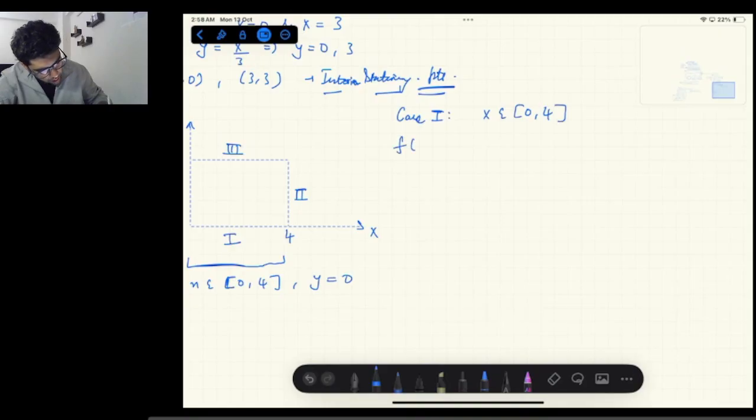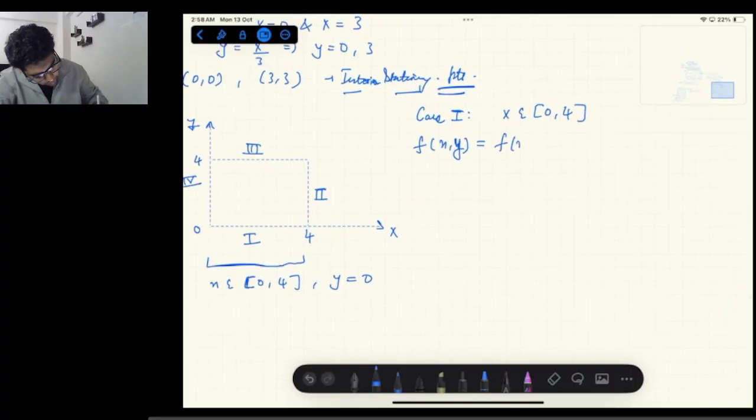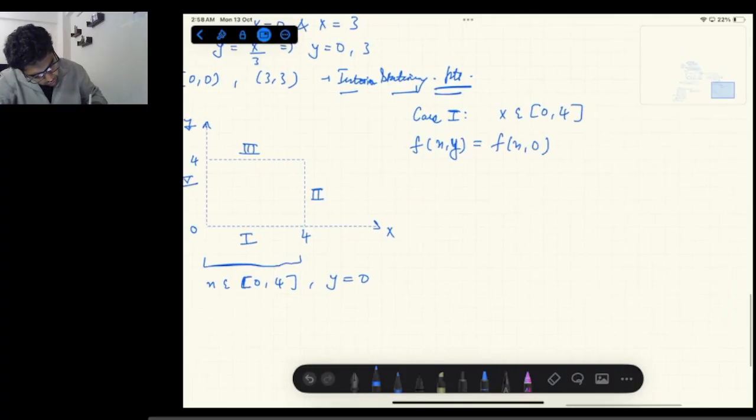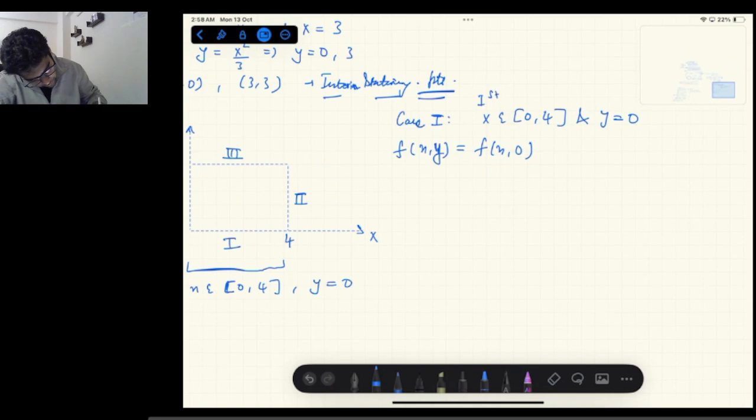So f of x, y, on the first edge, this f of x comma y becomes f of x comma 0, and y is equal to 0 here, right, on the first edge, this edge.